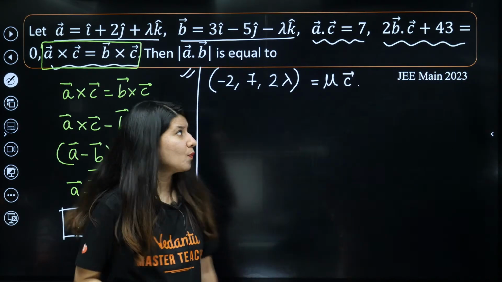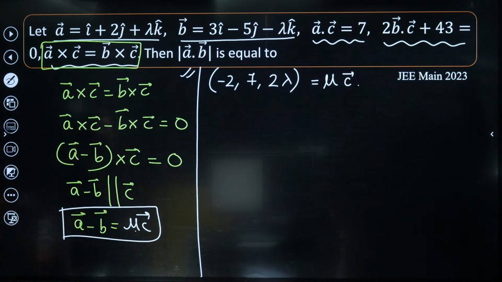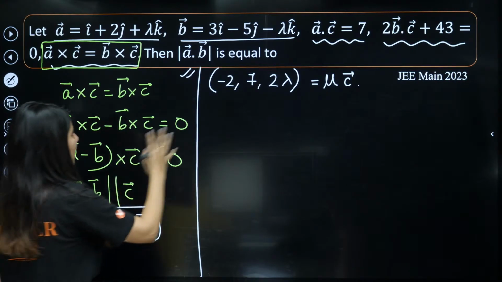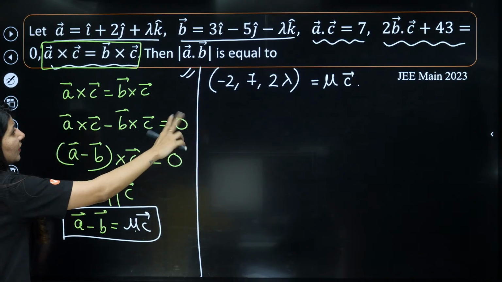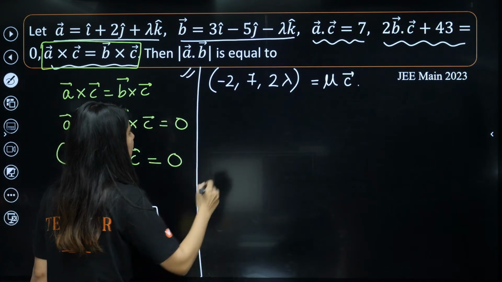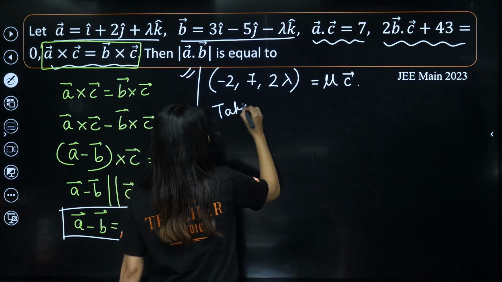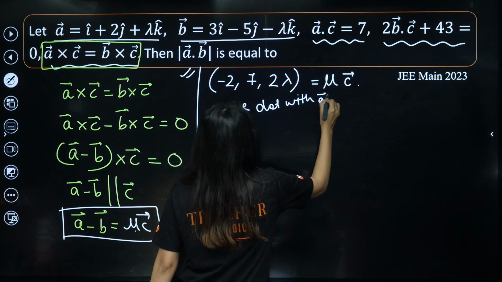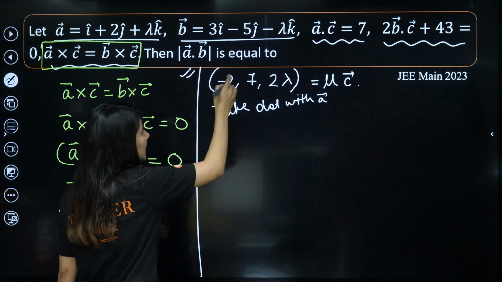Yes? Okay. Now A dot C vector is given as 7. A dot C vector is given as 7. So why not I take dot product with A vector, right? Let's take dot with A. What do I get? So A is 1, 2 lambda, multiply 1, 2 lambda.